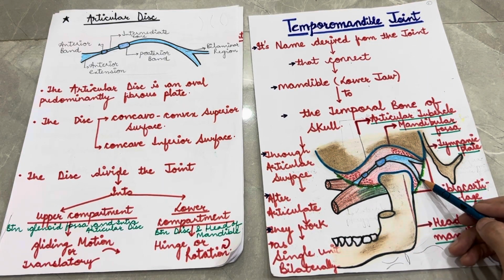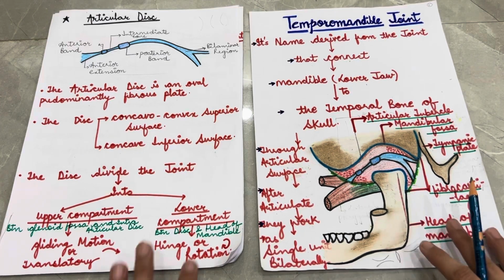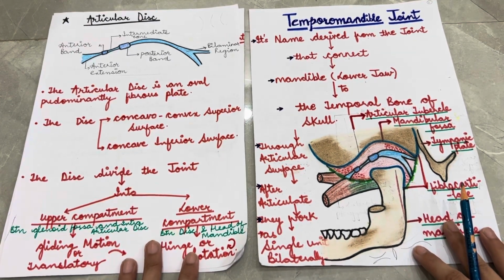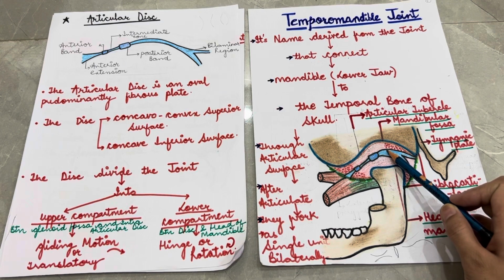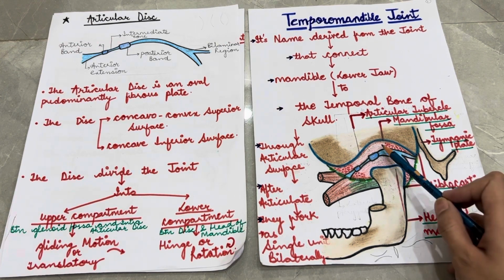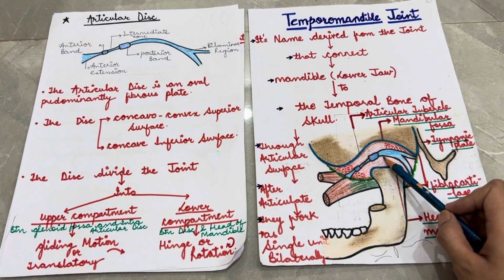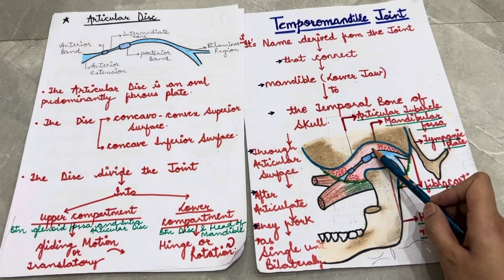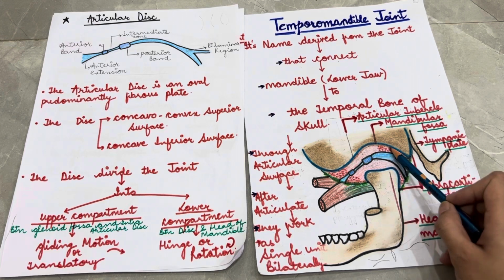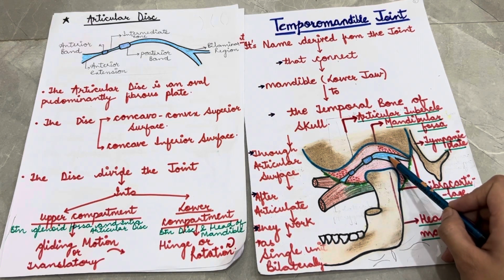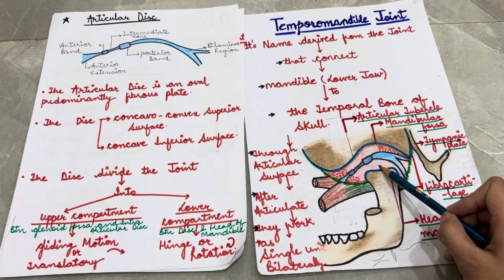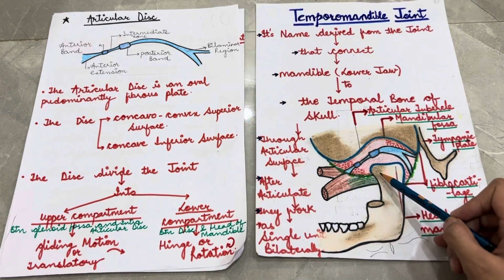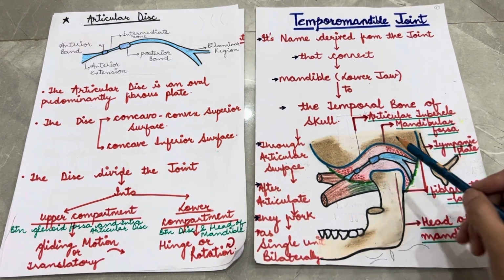The disc divides the joint into two compartments: this is the upper compartment and this is the lower compartment. The upper compartment is present mainly between the glenoid fossa and the intra-articular disc, and the lower compartment is present between the intra-articular disc and the head of the mandible.